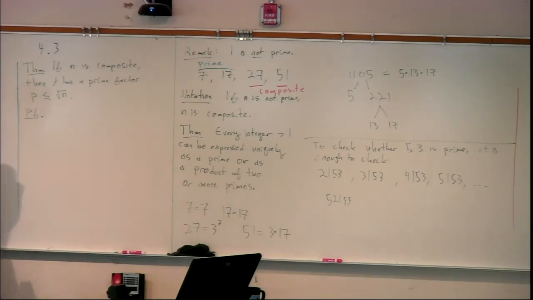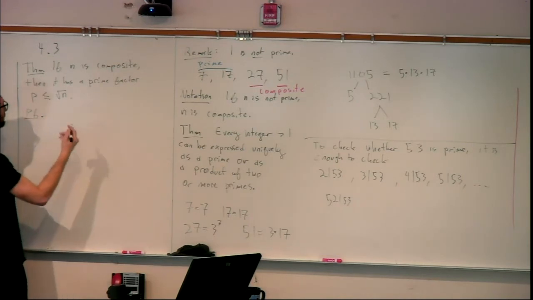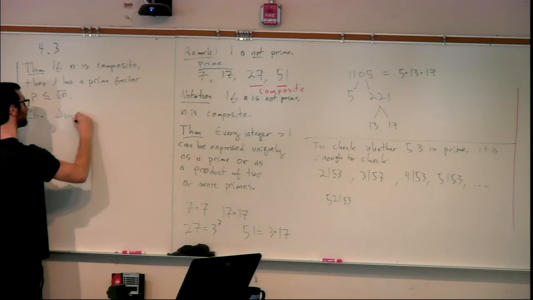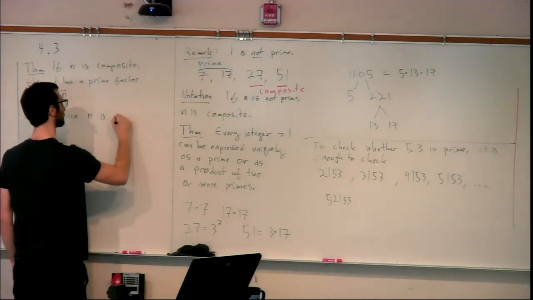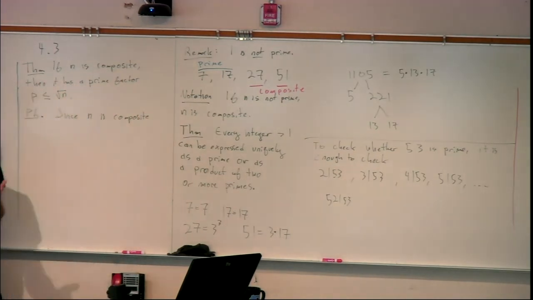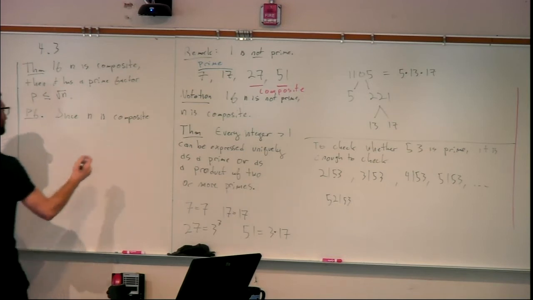So it's going to go as follows. Since n is composite, that means that I can write it as a non-trivial product of two numbers.